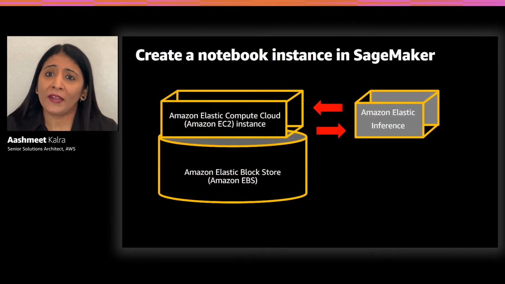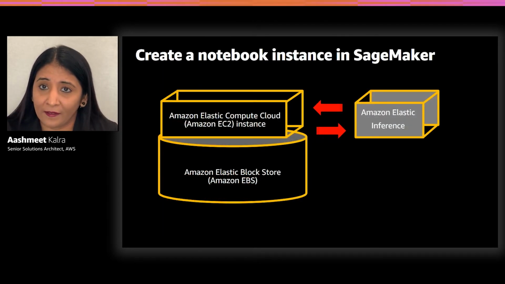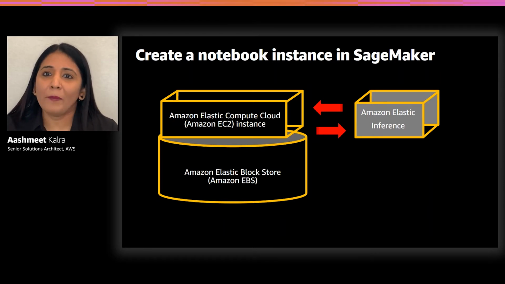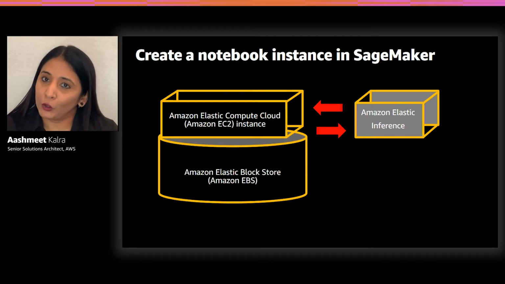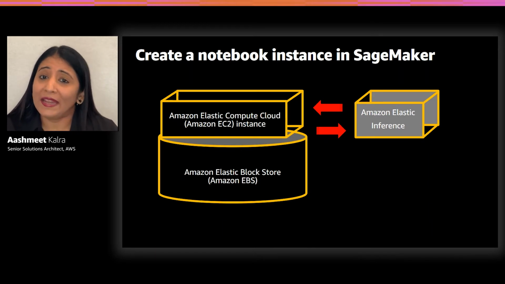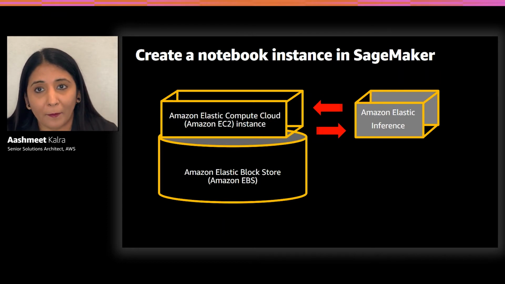Now, when you create a notebook instance, we talked about it's a managed service. So what happens behind the scenes? The first thing you would do when you set up a notebook instance is you decide the right size and family of the instance type on which your notebook needs to be set up.